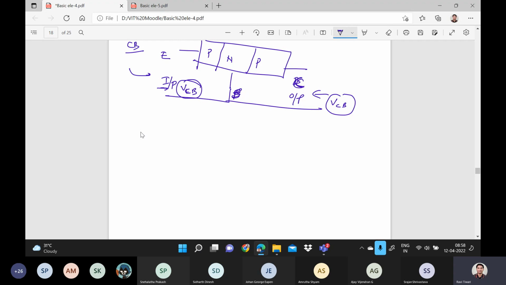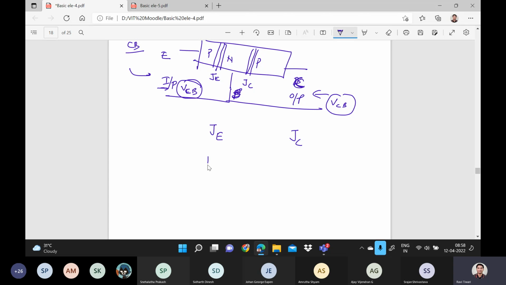This junction is the emitter junction, JE, the junction between emitter and base, and this junction between the collector and base is the collector junction, JC.